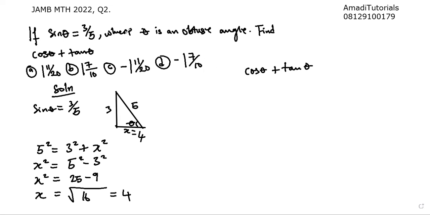The reason is that you are being told theta is an obtuse angle, not an acute angle. So a quick reminder, an acute angle is less than 90 degrees but greater than 0.